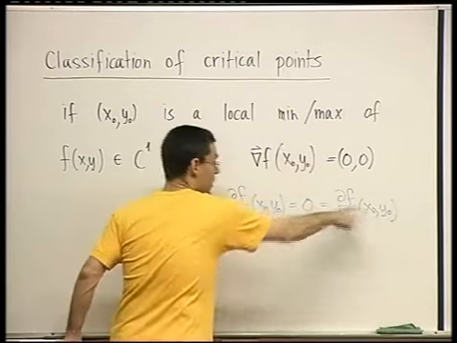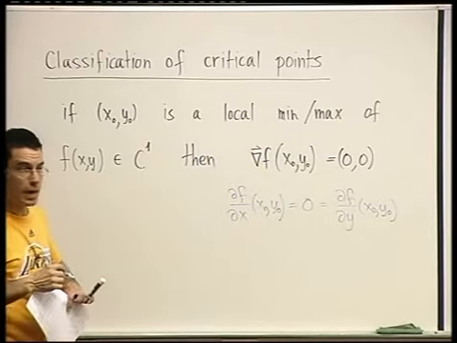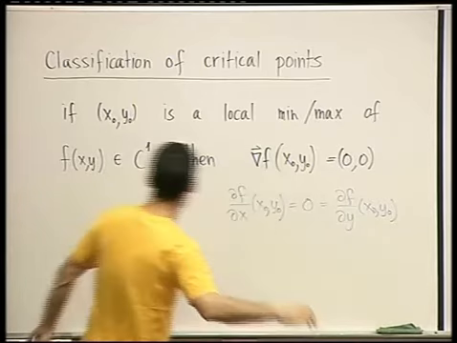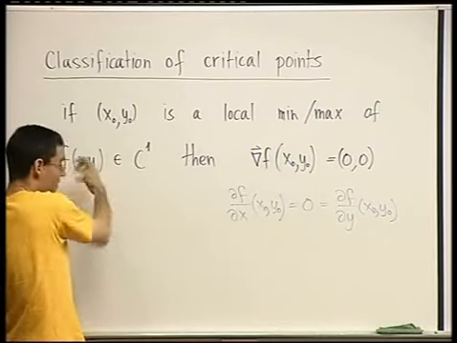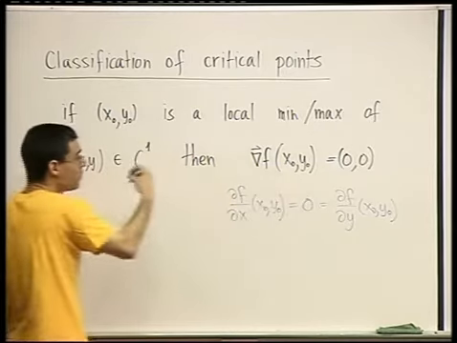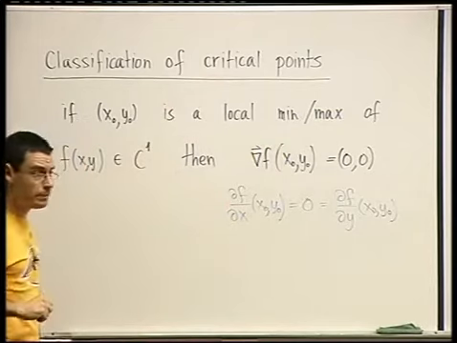Do you agree that writing this and writing this is precisely the same thing? Everybody? Good. Okay, so looking at a function, seeking out points where the gradient is 0, gives us points which have the potential of being minimum or maximum.